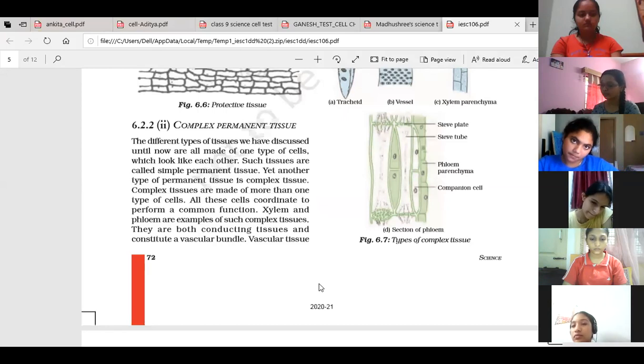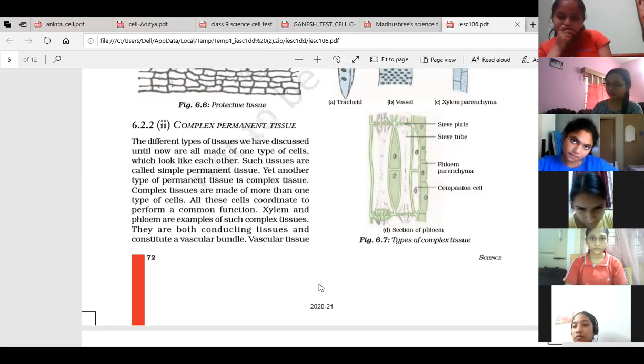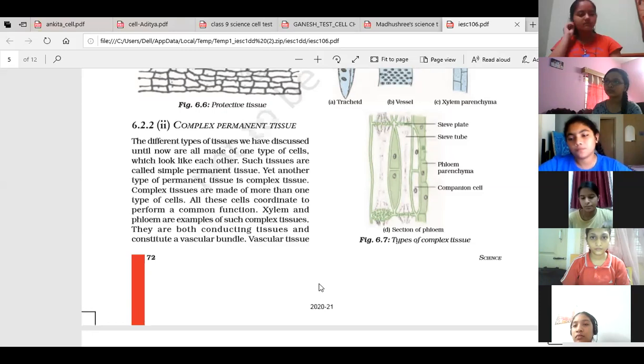So everyone has been allotted different work, but what is the final output at the end of that project? One single project is accomplished. That is the function. This is the same as the function of complex permanent tissues. Complex permanent tissue is made up of 4 to 5 different types of cells.